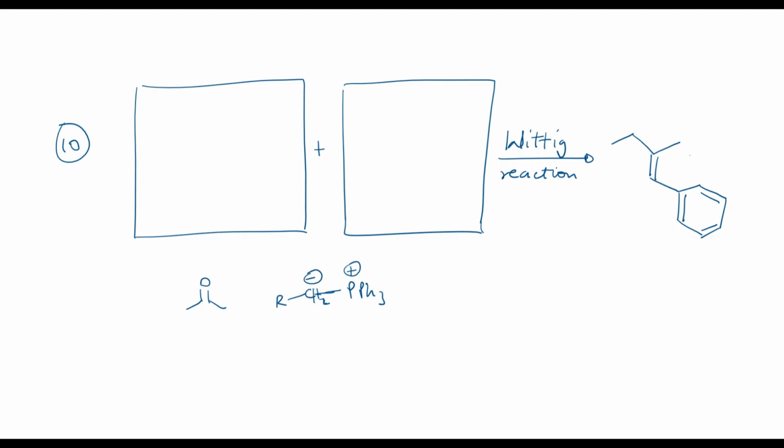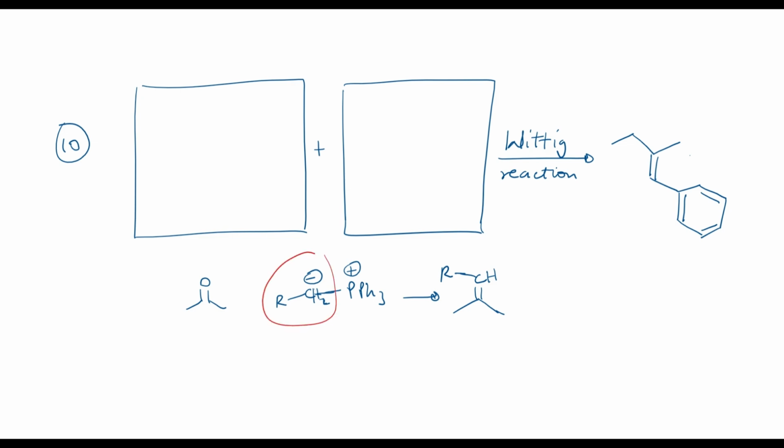So when an ylide reagent reacts with a ketone, the product usually will be an alkene. Start by drawing the ketone, then replace the oxygen with the negatively charged carbon of the ylide, and that carbon is joined to the alkyl group. And this is the product.